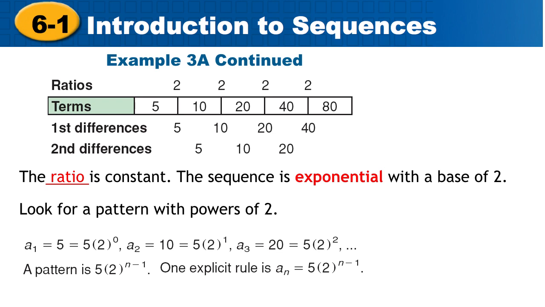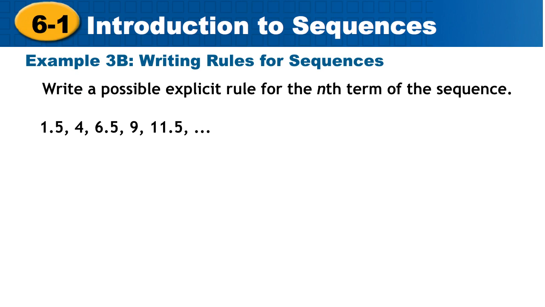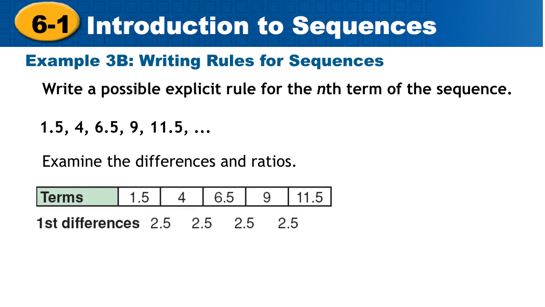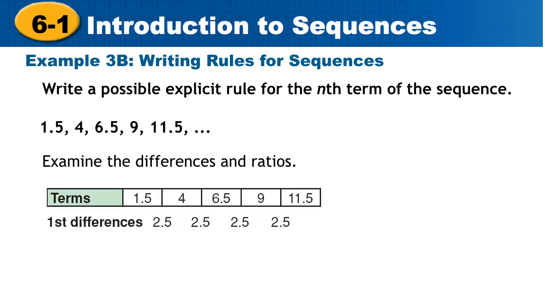So let's take a look at another example. Here, first we're gonna check first differences, and then second differences, and then ratios one by one. So let's check first differences. 4 minus 1.5, 2.5. 6.5 minus 4, 2.5. 9 minus 6.5, 2.5.